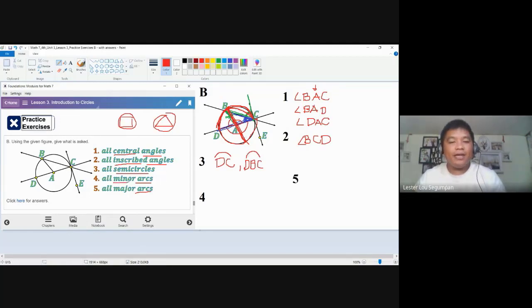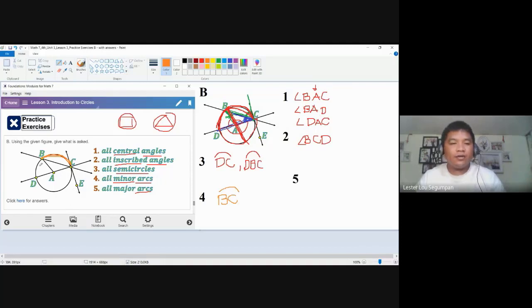Number four is a minor arc. A minor arc is an arc that is less than a semicircle. Let's focus on this figure here because it's too confusing there. In this figure, we have this minor arc here from B to C. This is less than a semicircle. So that is our first minor arc, BC or CB.